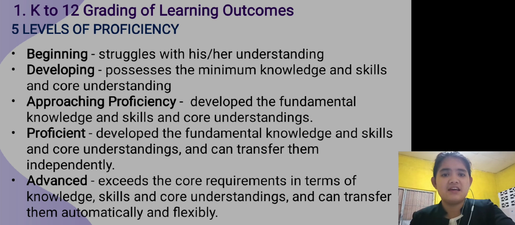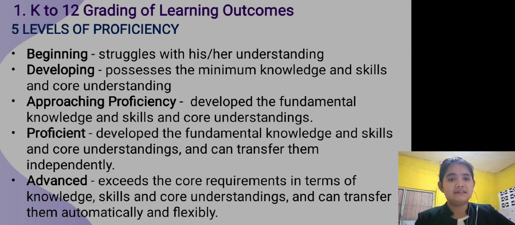The student at this level has developed the fundamental knowledge and skills and core understandings, and with little guidance from the teacher and or with some assistance from peers can transfer these understandings through authentic performance tasks.